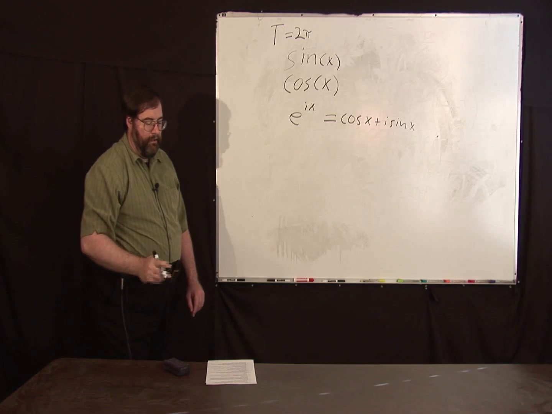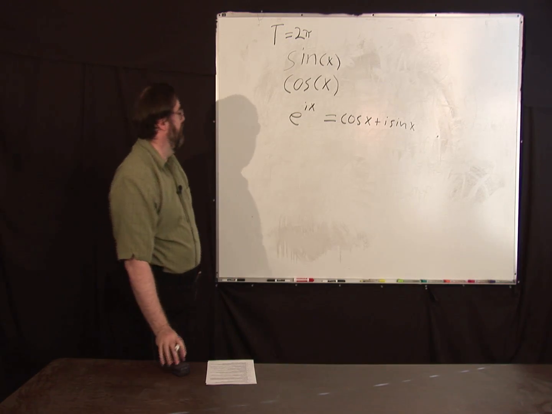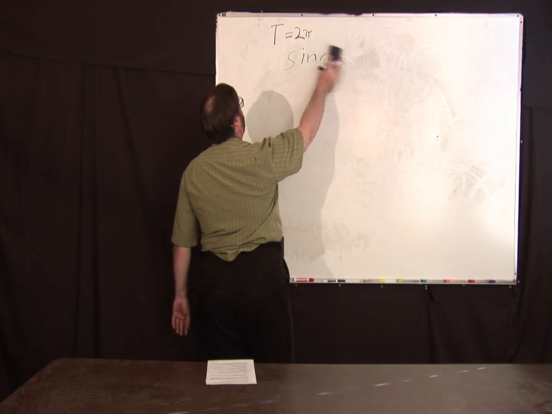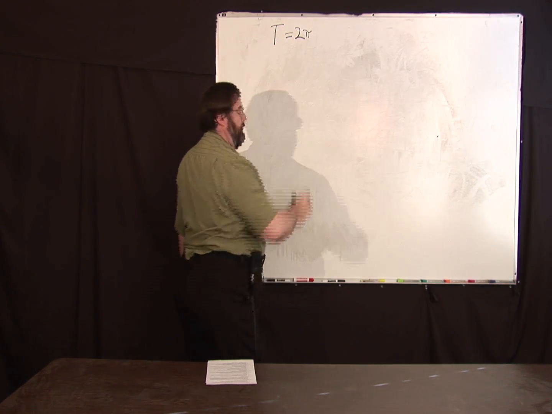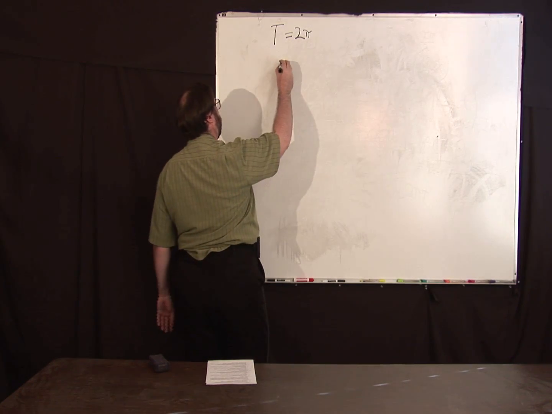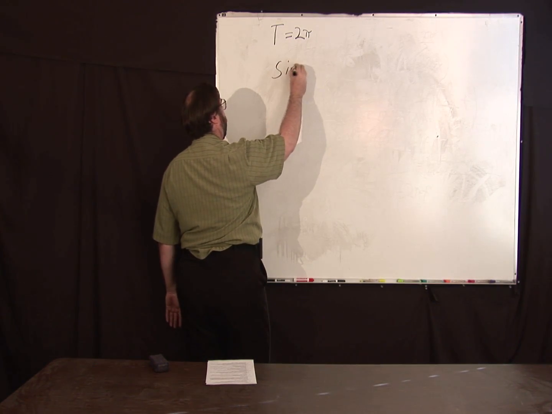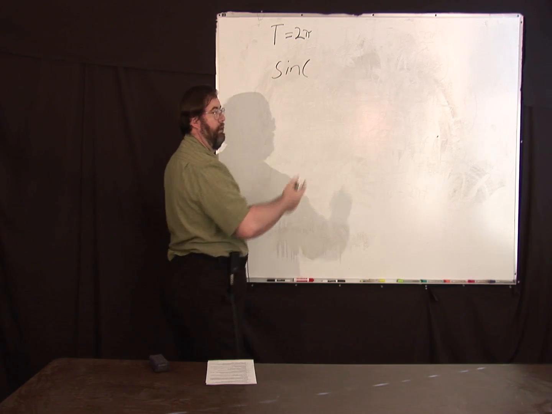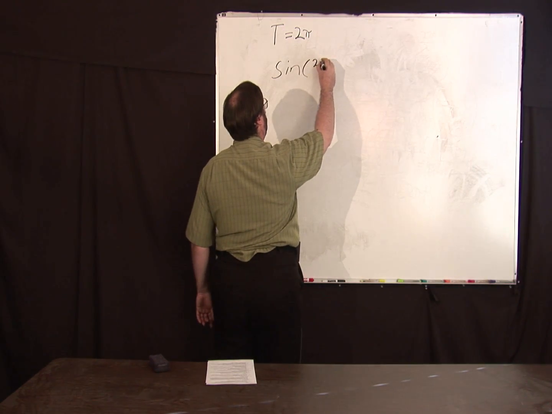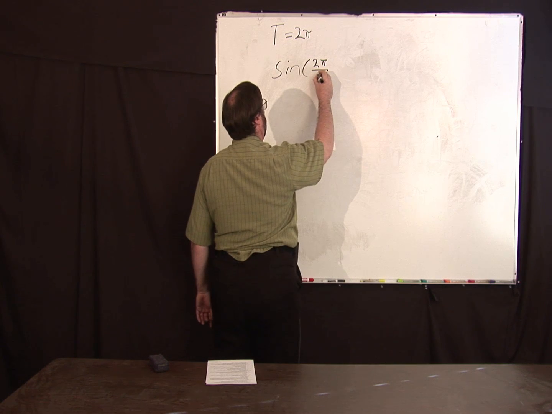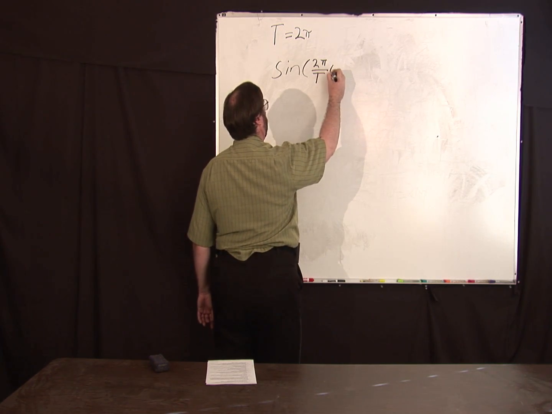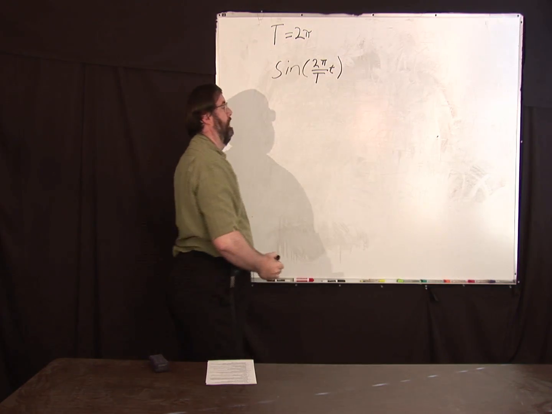Okay. Using what we've shown you already, if you wanted a sinusoidal function of frequency or period other than 2 pi, you could do this. Sine or cosine or e to the i, 2 pi over the period, times the time in the case of time.